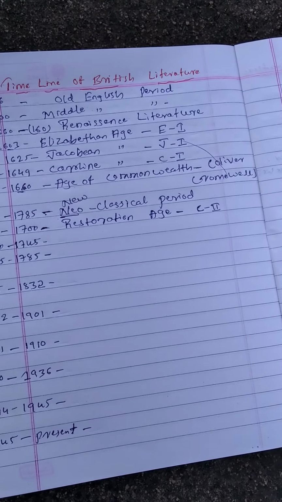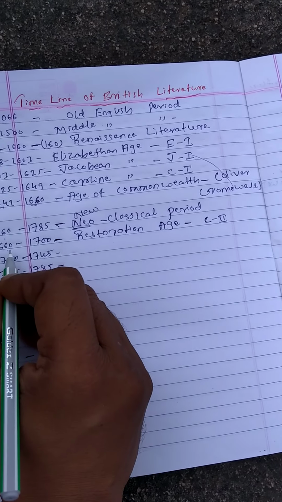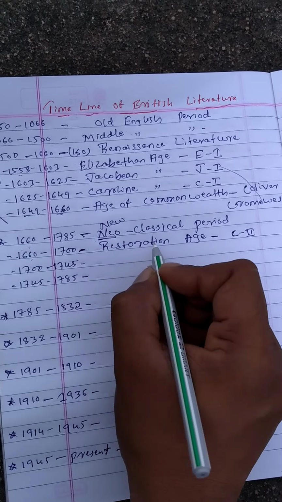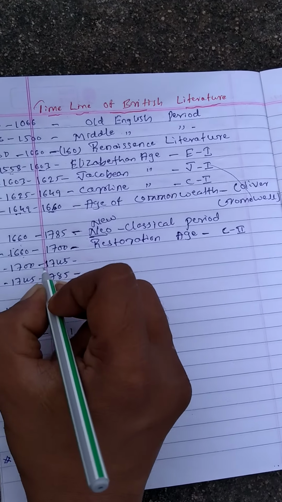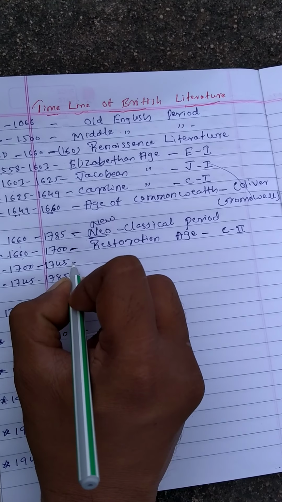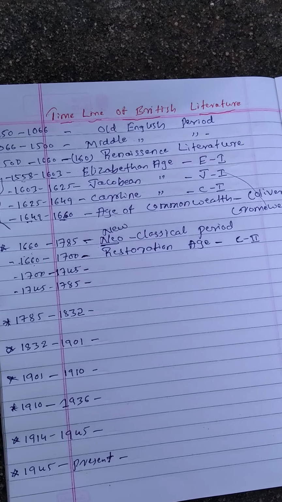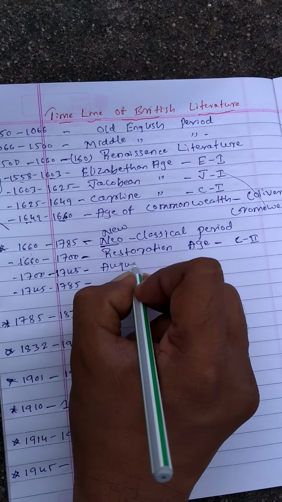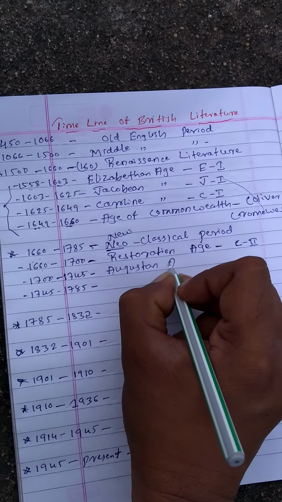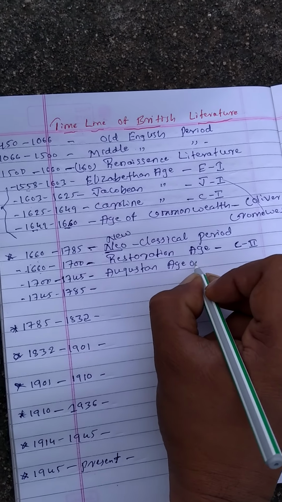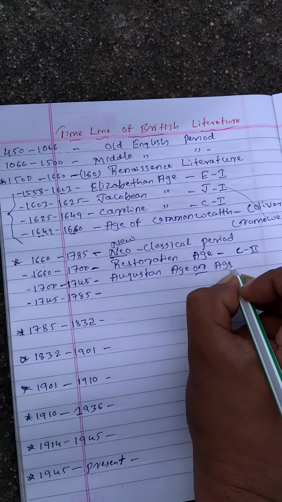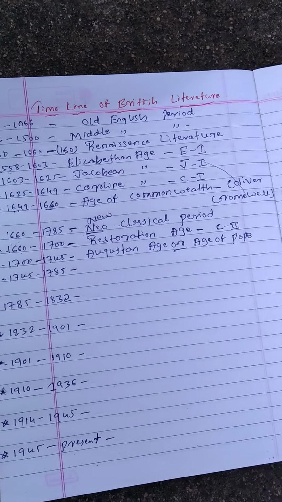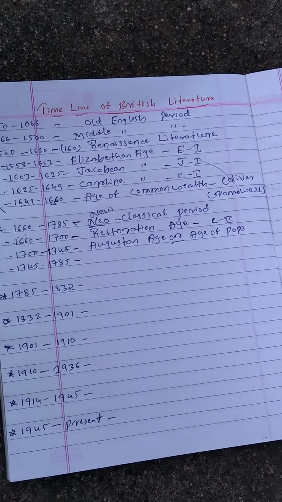You will come to know how it was. Then 1700 to 1745, the most important one, is the Augustan age, or also the age of Pope, meaning Alexander Pope.